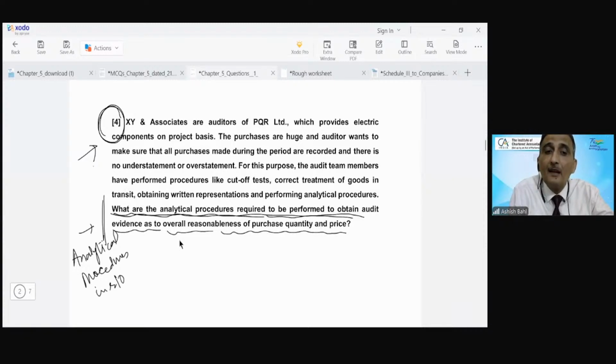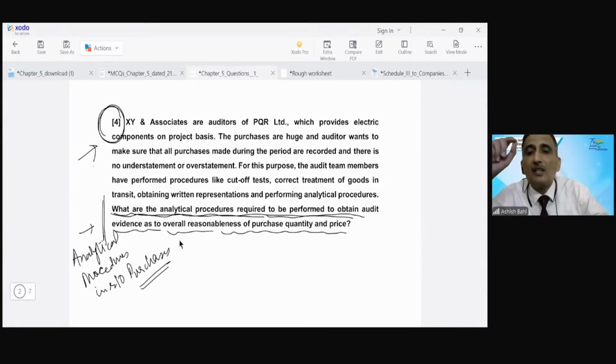So obviously purchases are of raw material. So which audit procedures would you perform as analytical procedures to obtain audit evidence as to overall reasonableness of purchase quantity and purchase price?